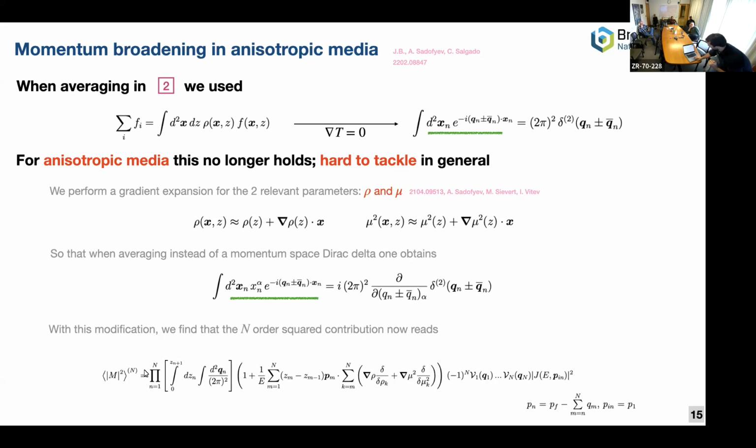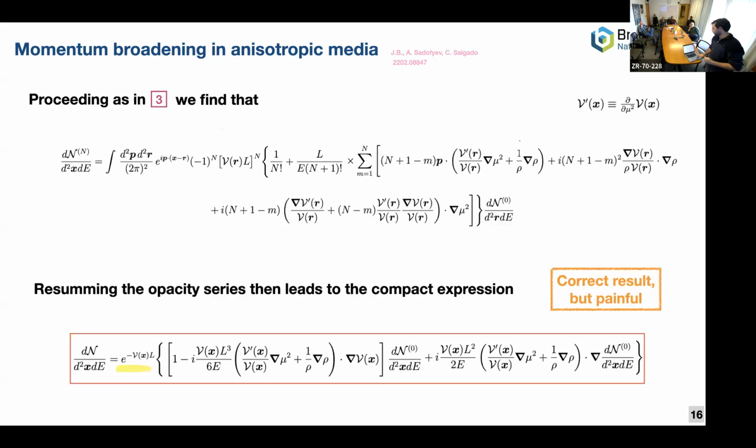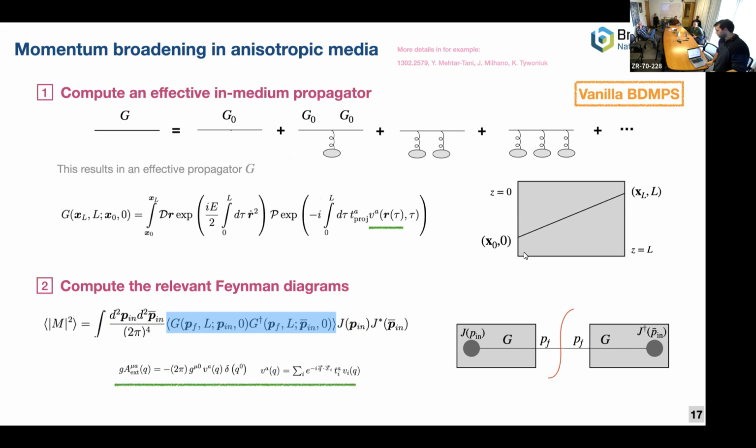And then this is the nth order contribution, and then you can just do some brute force calculation and resum all of this series, and taking it order by order in gradients is still feasible. So this result is correct, but it's very brute force, and it's hard to generalize if you want to compute more complicated observables. So one nice thing about this formalism that I showed is that you can in principle compute everything. It is just very hard work and hard to see how things generalize to higher orders or for more complicated observables.